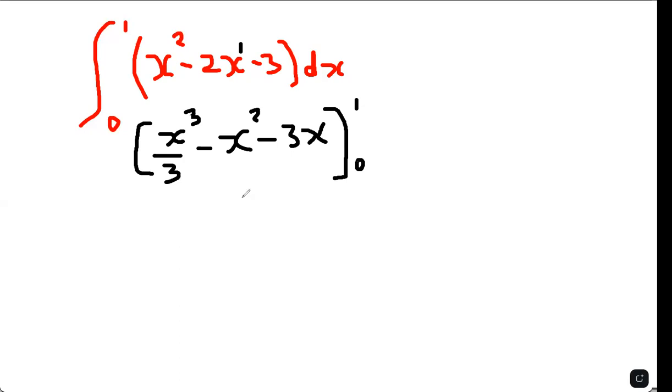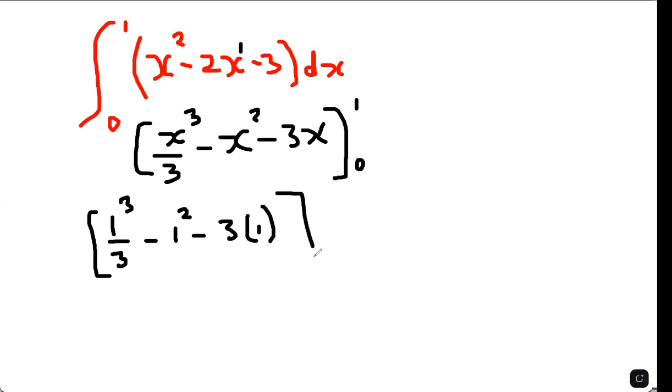Then we substitute. We get our upper limit. We put a 1: 1 power 3 divided by 3, minus 1 raised to power 2, minus 3 multiplied by 1.